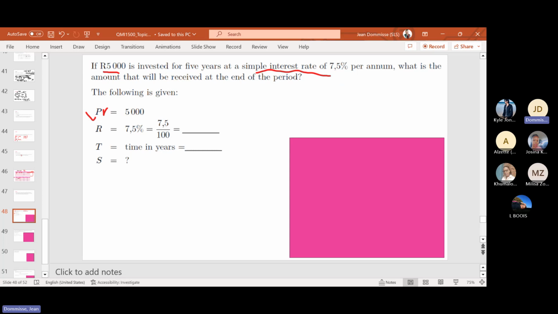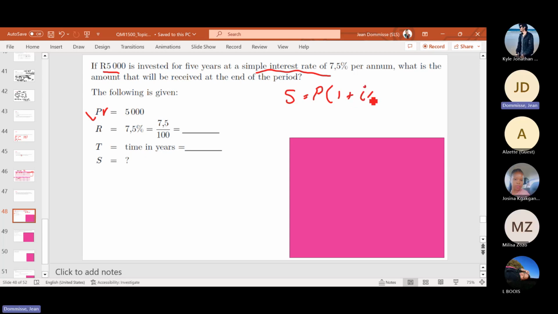So for simple interest, you can't really use your calculator's formulas, because that is automatically set as compound interest. But we know what the formula looks like. For simple interest, it is something like this.